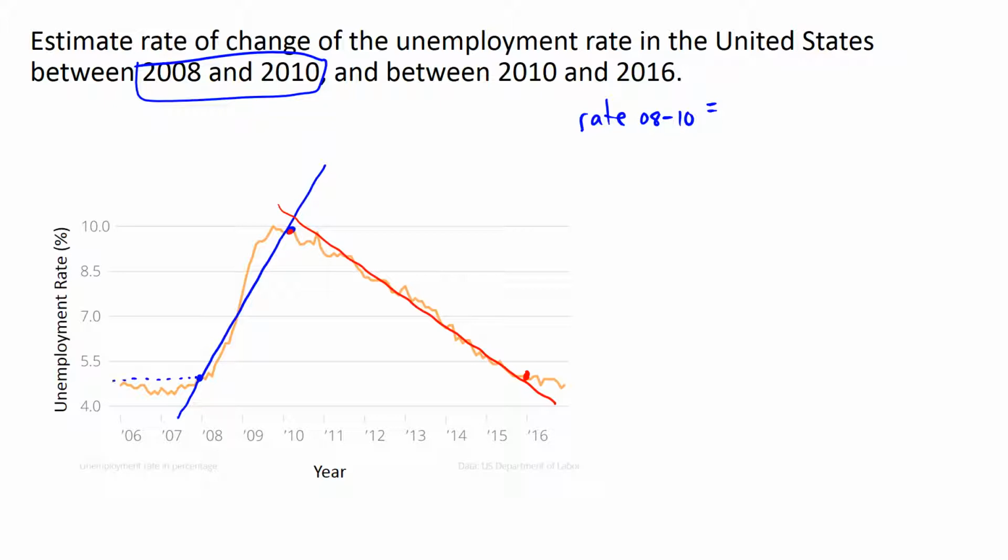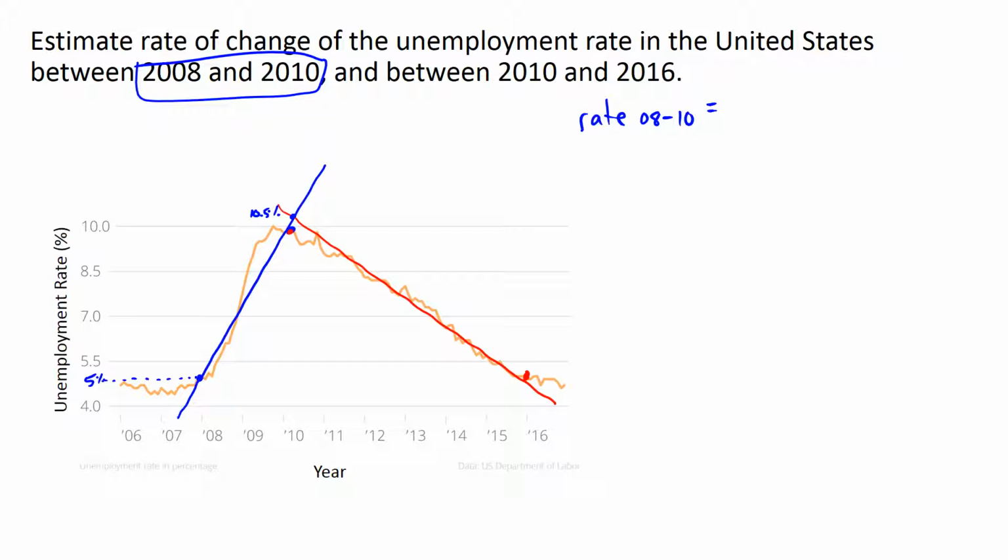It looks like we're rising from about 5% to start with, going up to, judging from my line of best fit, maybe around 10.5%. So my rise is going from 5% up to 10.5%.